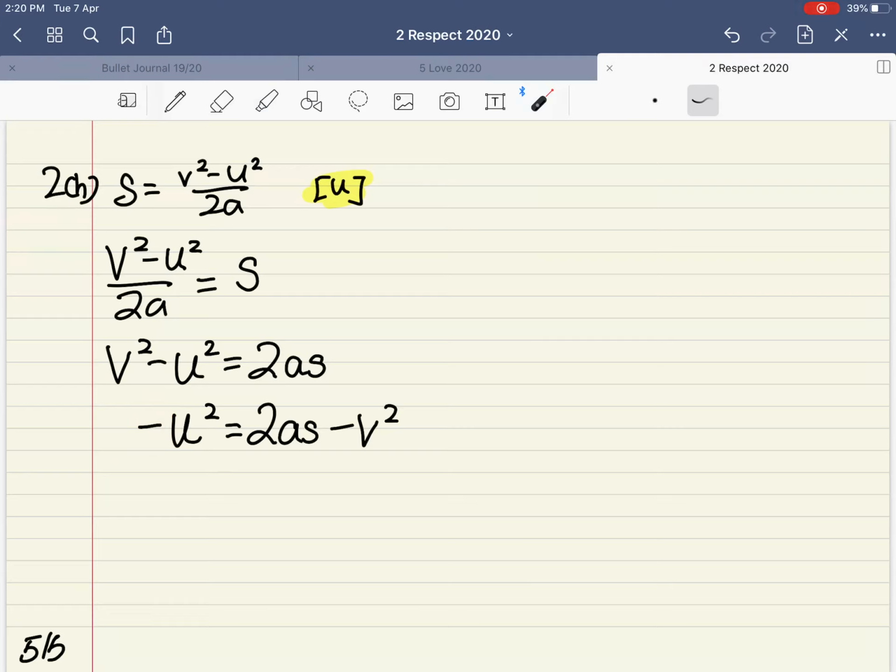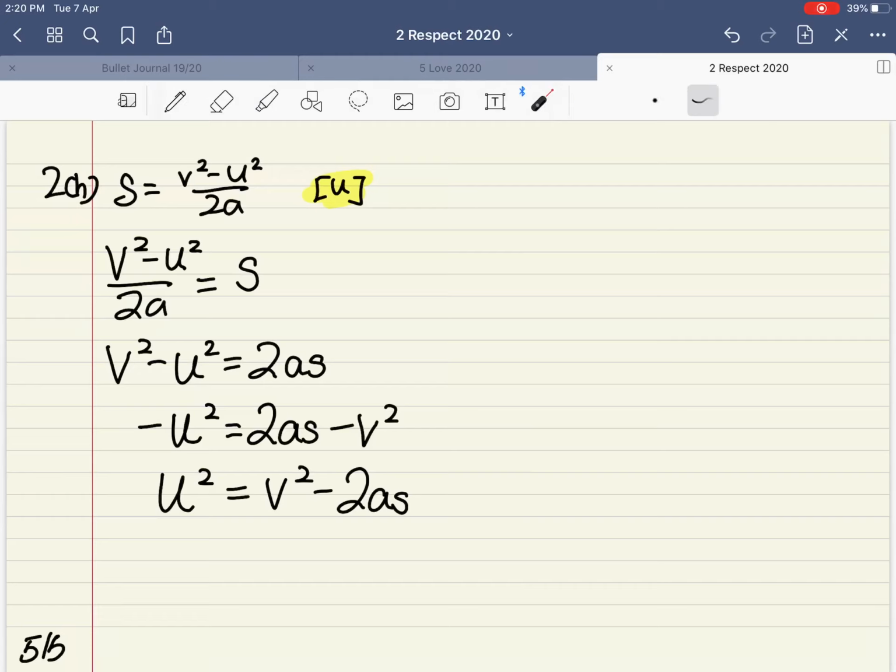So in order for me to get rid of the negative symbol, what I can do is multiply by negative 1 on the left hand side and multiply by negative 1 on the right hand side. So what I'll get here is u squared equals v squared minus 2as.